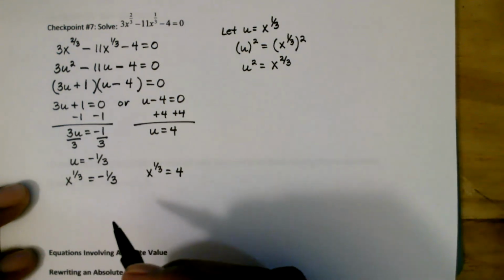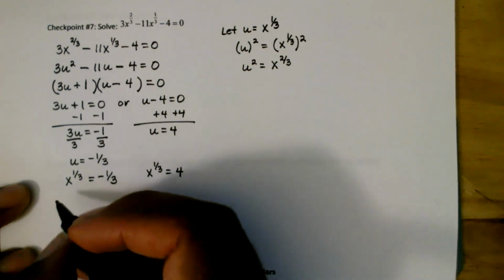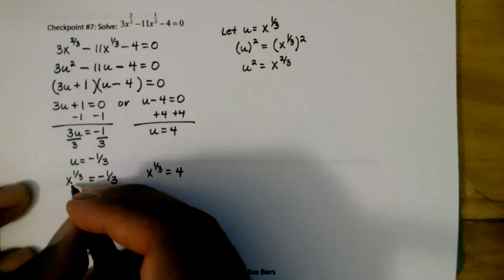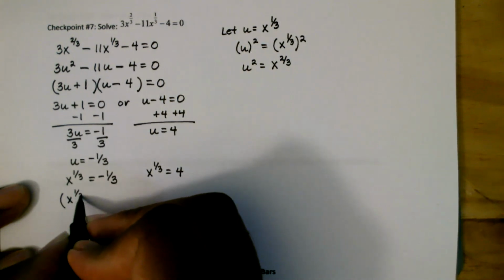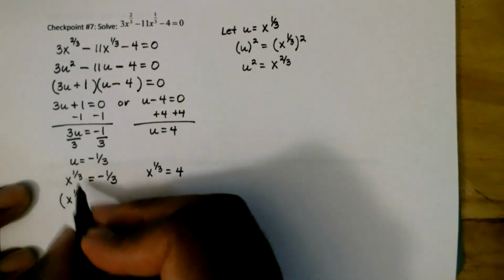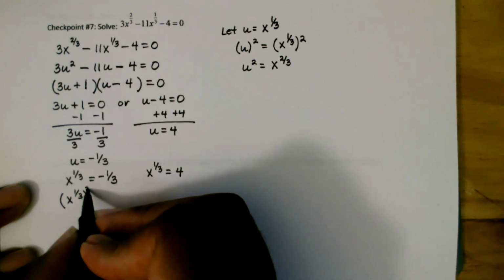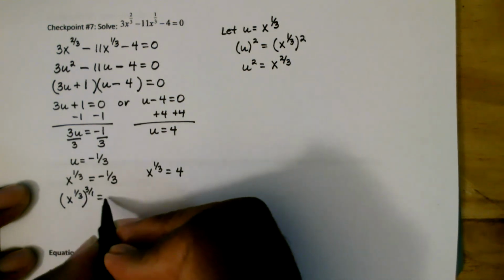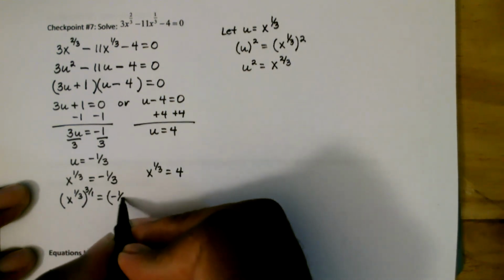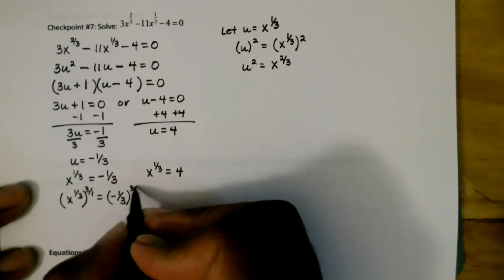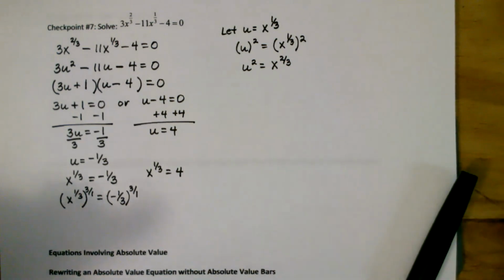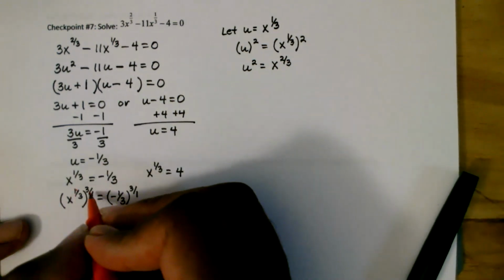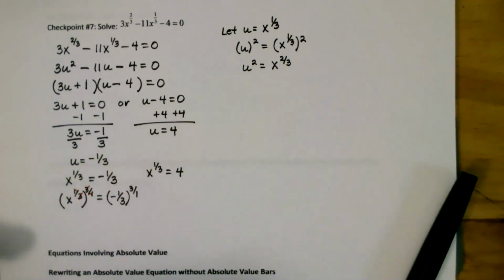And for each equation, we're going to solve for x. Well, the rational exponent part is already by itself, so we're going to raise the left side and the right side to the reciprocal of 1/3, which is 3/1. And that negative 1/3 will be raised to the 3/1. What's going to happen here is the 1s and the 3s divide out.